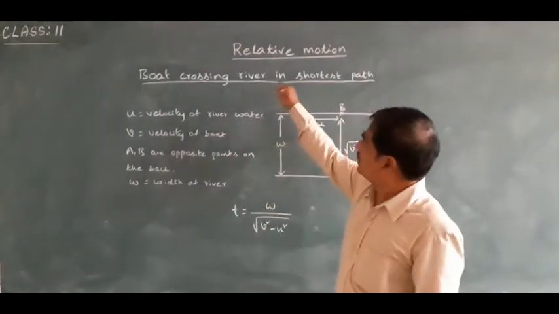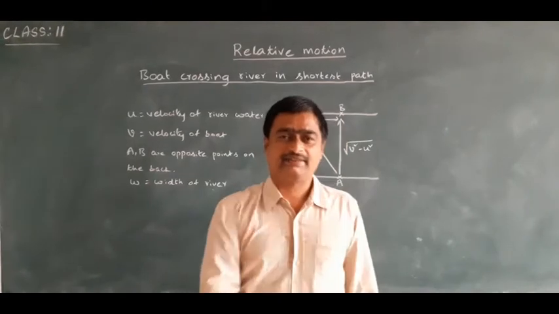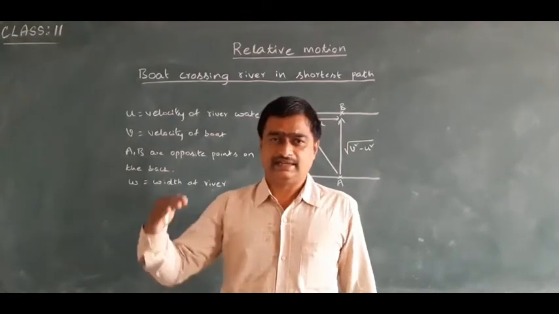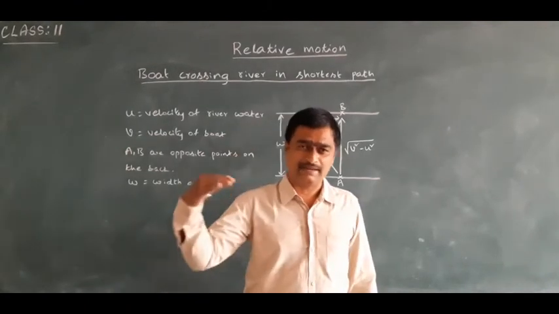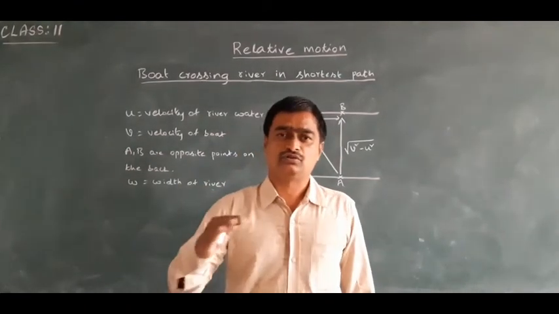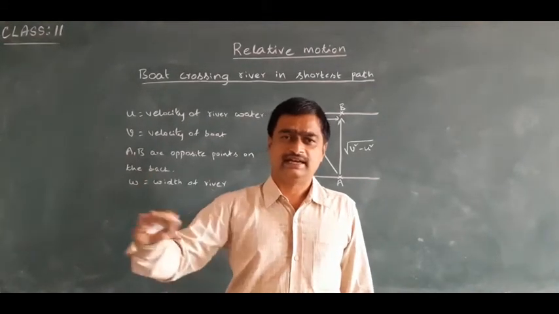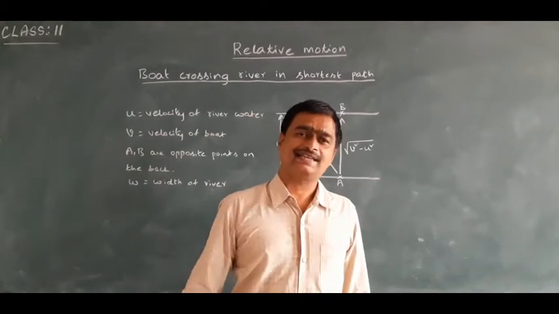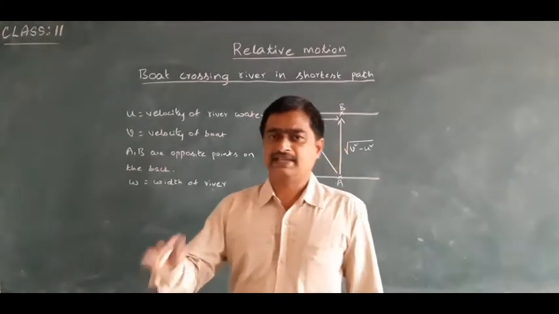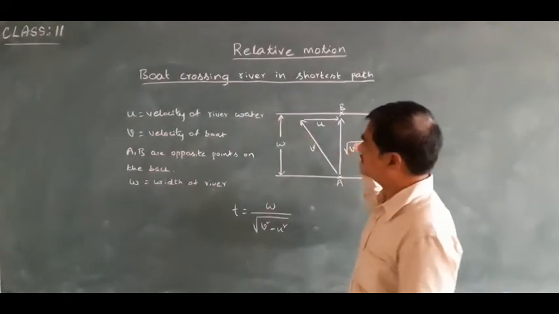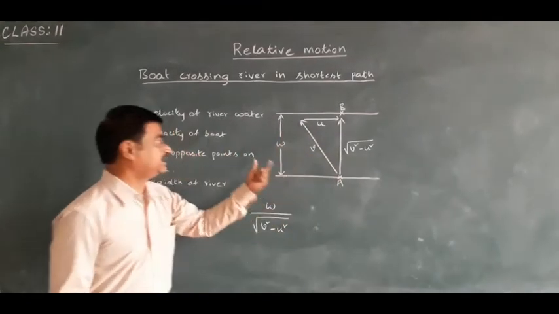Now we are going to see the boat and river problem. A river is flowing, and in it a boat is traveling. Generally we consider the travel in a perpendicular way, and the boat has its own velocity as well as the velocity of the water in the river.